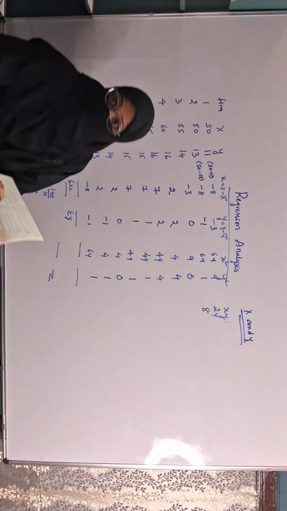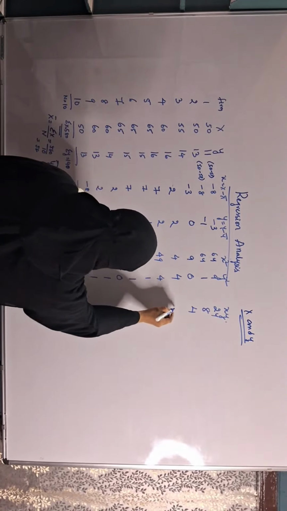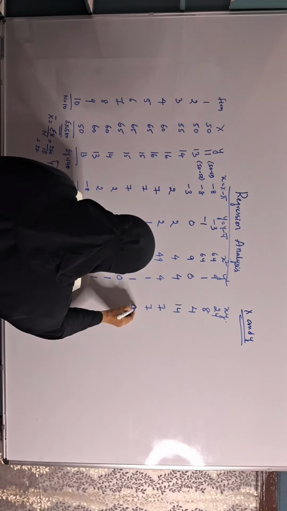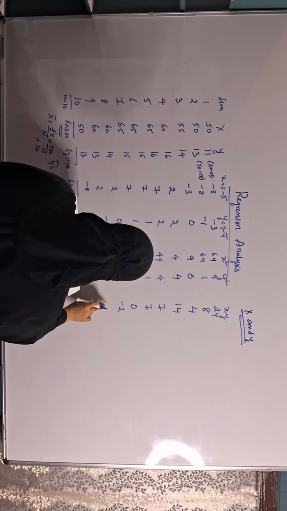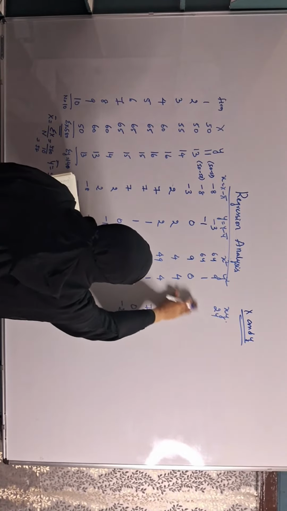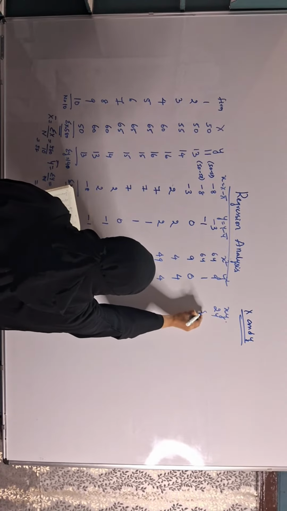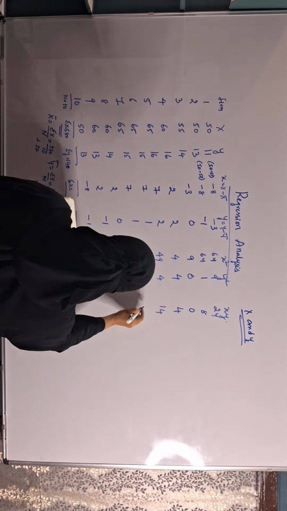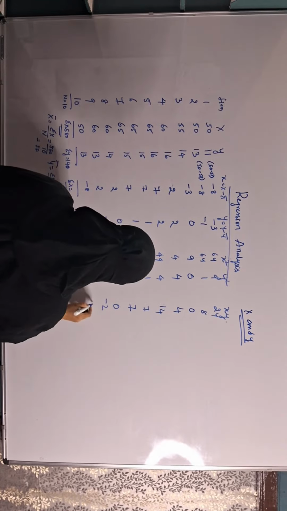8, 0, 4, 14, 7, 7, 0, minus 2. One minute. This is your 24, 8, 0, 4, 14, 7, 7, 0, minus 2, 8.